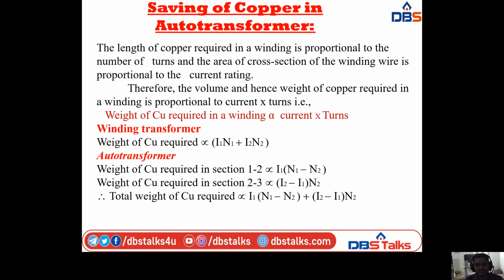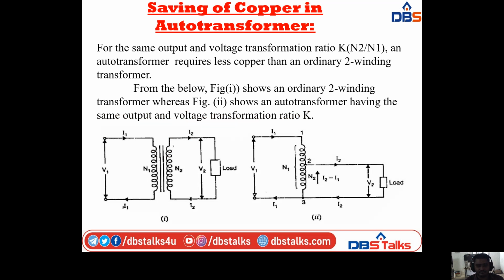Coming to the auto transformer, the weight of copper required in section 1 to 2 is proportional to I1 (N1 minus N2), and in section 2 to 3 it is proportional to (I2 minus I1) into N2. For the two-winding transformer we don't have any sections, but in the auto transformer we divide the single winding into different sections.